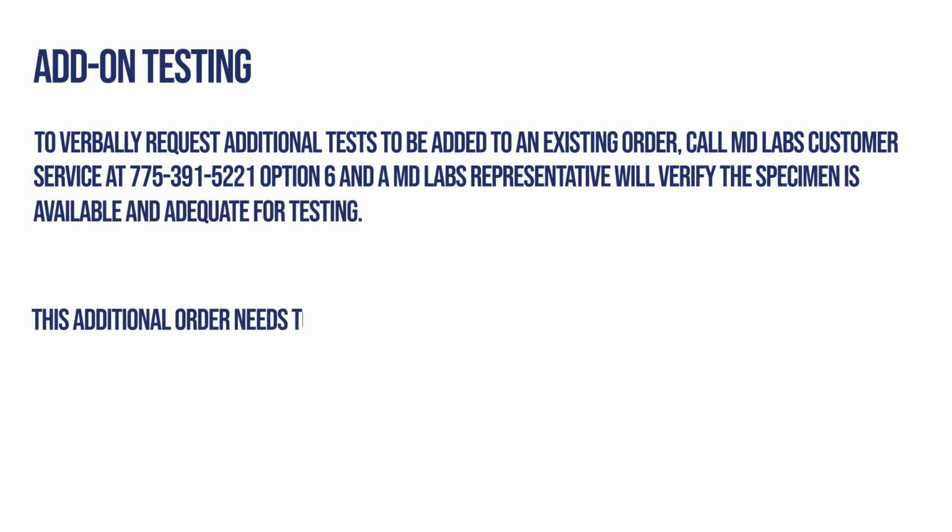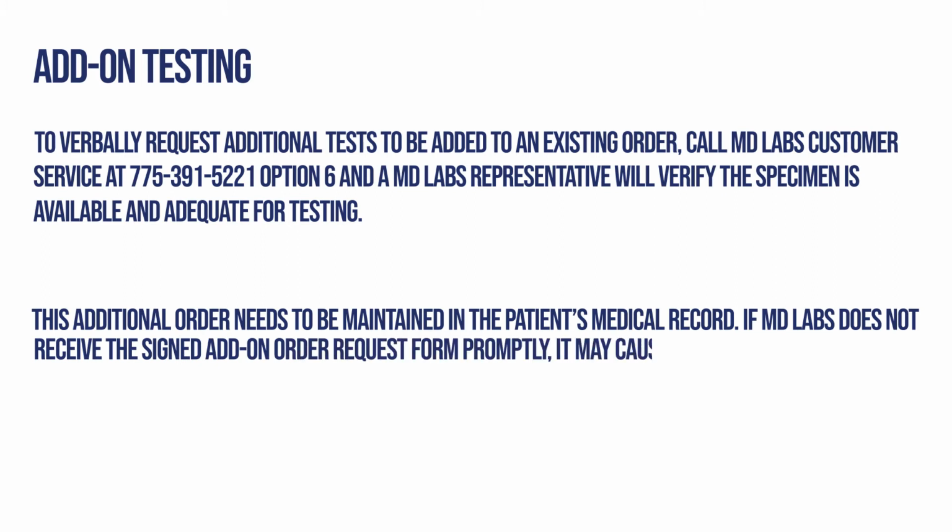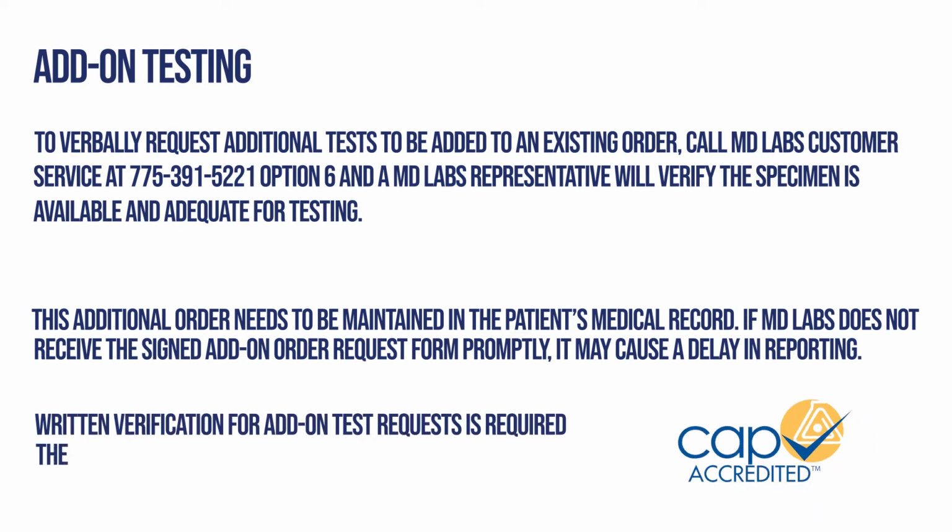This additional order needs to be maintained in the patient's medical record. If MD Labs does not receive the signed add-on order request form promptly, it may cause a delay in reporting. Written verification for add-on test requests is required by the College of American Pathologists.